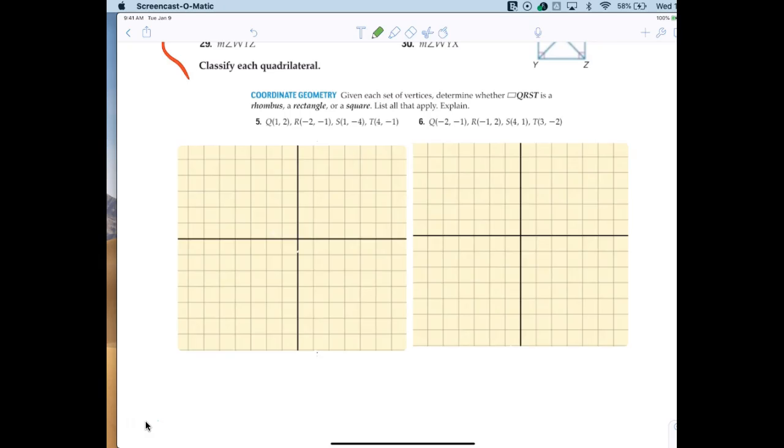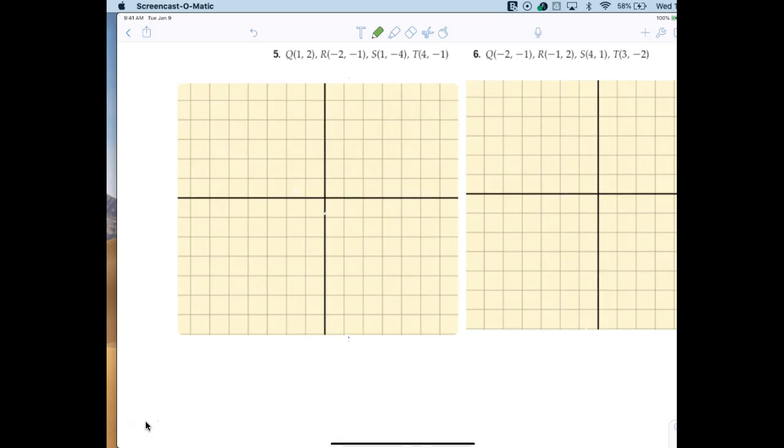So here we go. Let's start with number 5. Everybody graph those out for me. So 1, 2, -2, 1, -4, 4, -1.